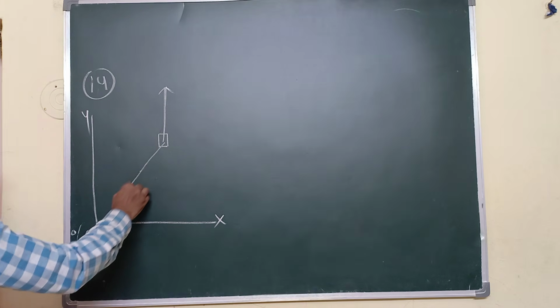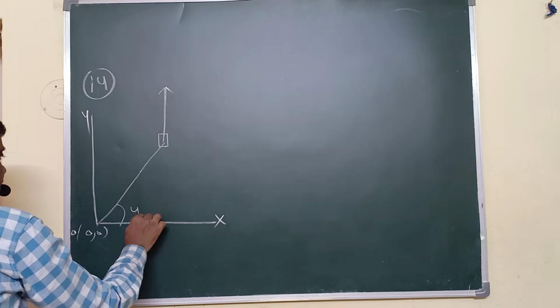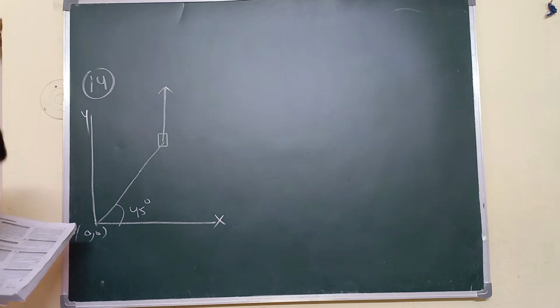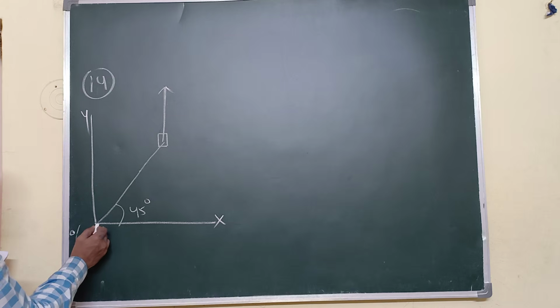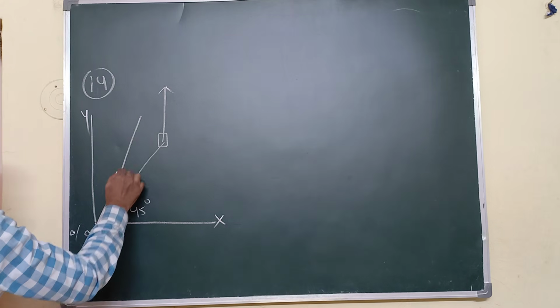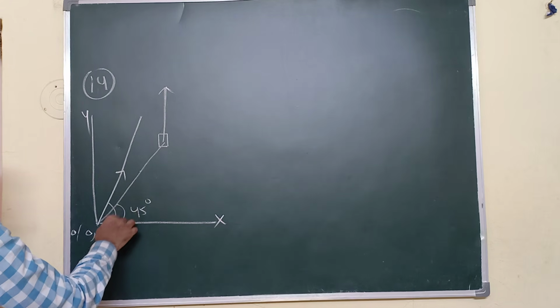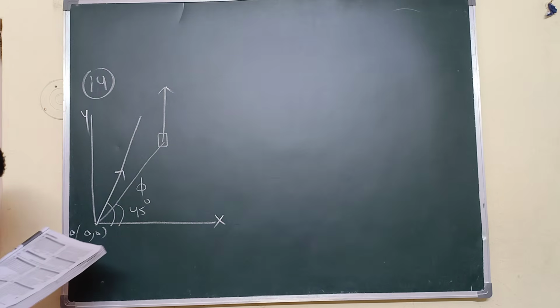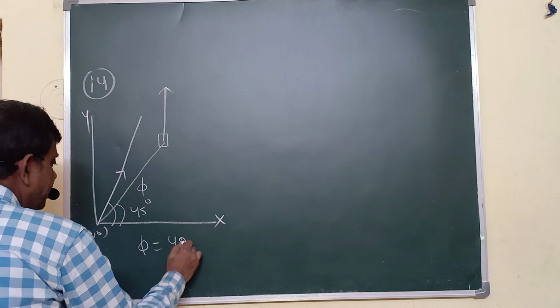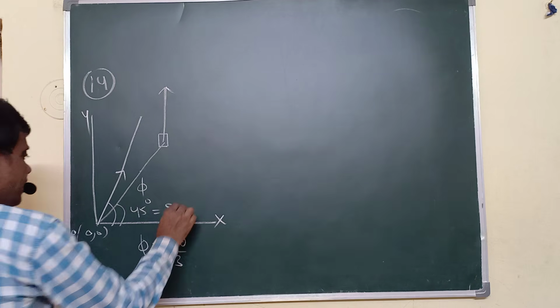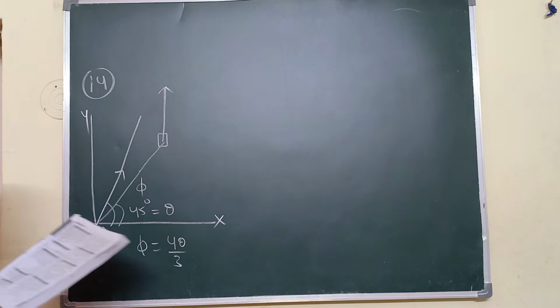So this is making 45 degrees with the x-axis. When this trolley is moving like this, from the origin one ball is projected, making an angle of phi. So for that phi, what condition had I given? Phi equals 4 theta by 3. This angle, 45 degrees, I have taken as theta.